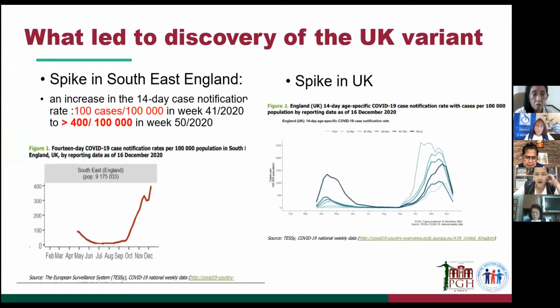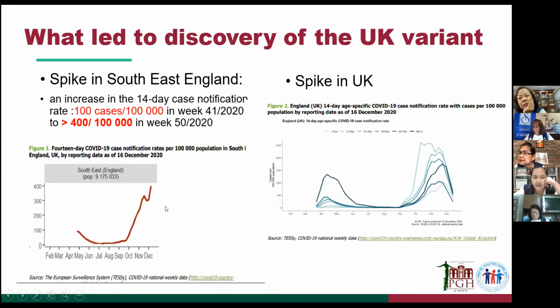So about the UK variant naman, what led to its discovery? So parang all of us have been sort of more and more familiar and into trying to prevent ourselves from getting infected. Pero there was this here on the left side of this PowerPoint, you would see na biglang dun sa isang area in Southeast England, they noted a rapid spike. Biglang dumami yung cases ng COVID-19.